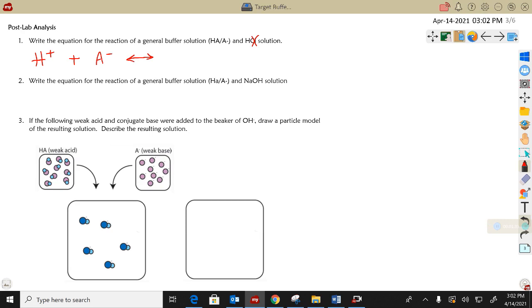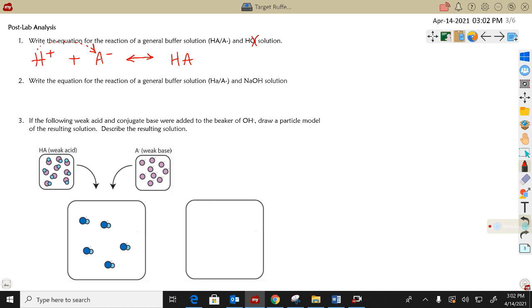So this good little base, A minus, should be able to pick up the hydrogen and remove it from the solution. In exchange for the strong acid, I would produce HA, which is a little bit of the weak acid. But a weak acid doesn't fully ionize.